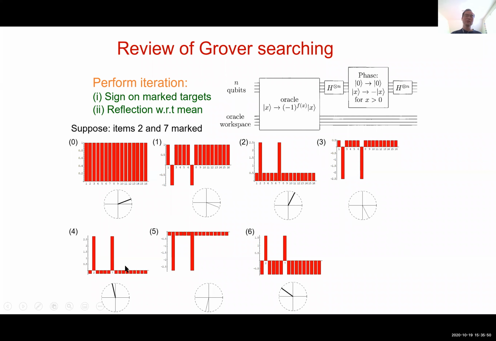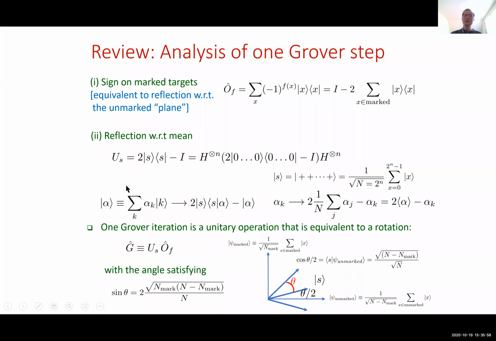It looks like a rotation in some two-dimensional subspace, the one spanned by the marked state and the rest, as we've seen before. I'm just listing these, but I don't want to go through the analysis because we don't need the details for our adiabatic quantum computation.